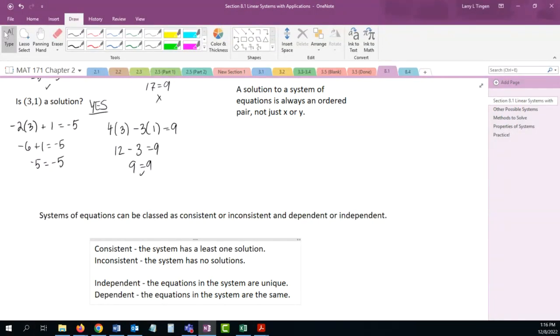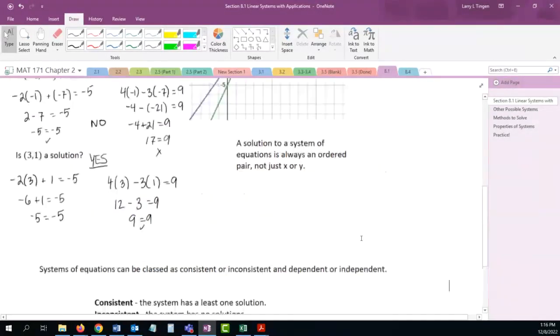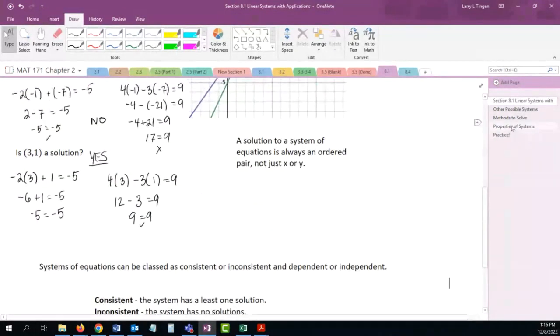And you're probably wondering, how could I possibly get a system of equations that just has 2 of the same lines? Well, I'll show you an example on the page after that. So consistent, inconsistent, dependent, independent.